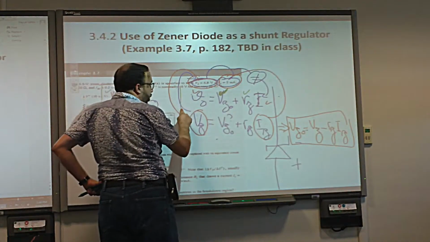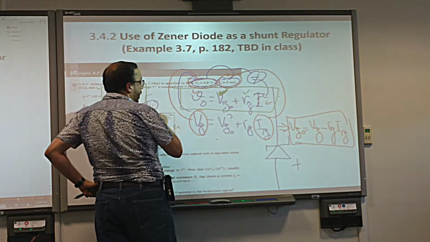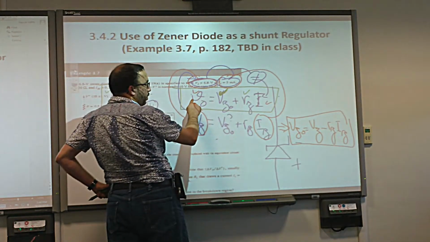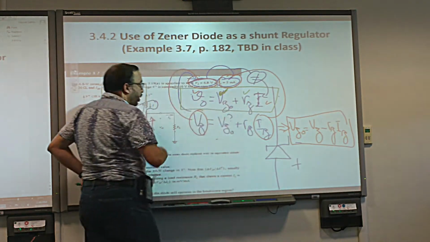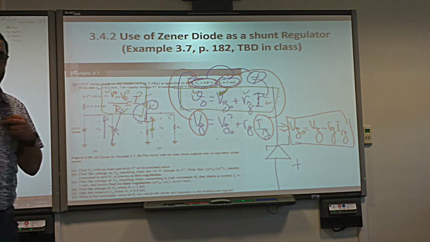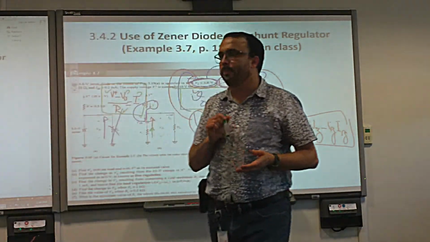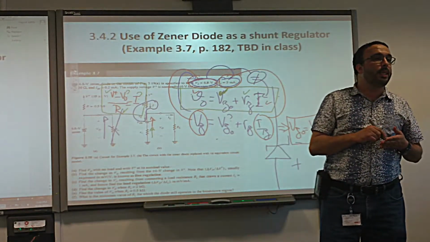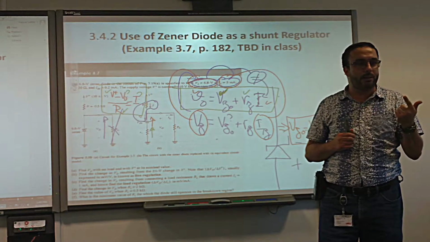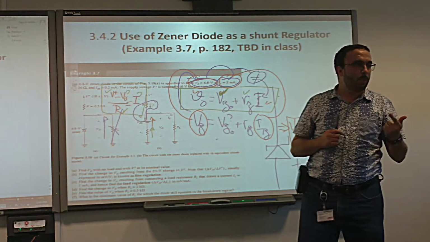And then I have another equation that relates V out with I. This is unknown, this is unknown, this is known. So two equations, two unknowns. Can we solve that? Yes. Good luck with that. So in this case we will know the current and we will know V out. Cool?